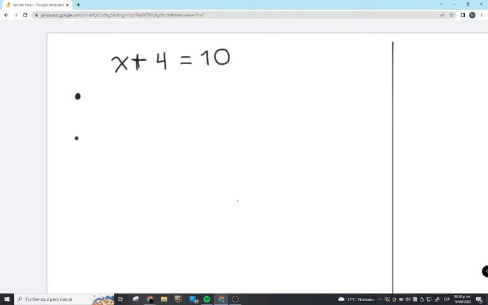Basically we need to focus on some things. The first one is that we need to leave the variable alone on one side. In this case, in order to have the x alone, we need to get rid of this 4.